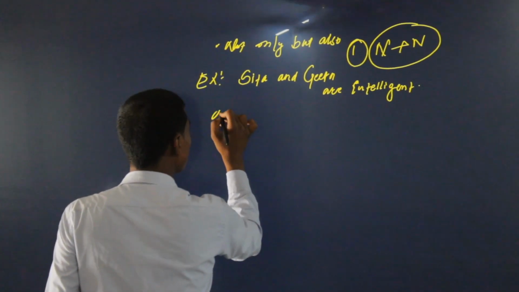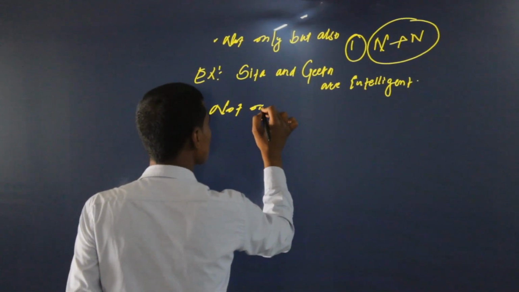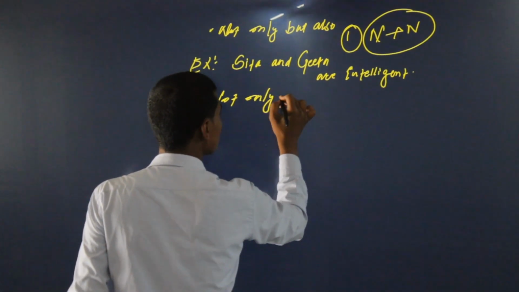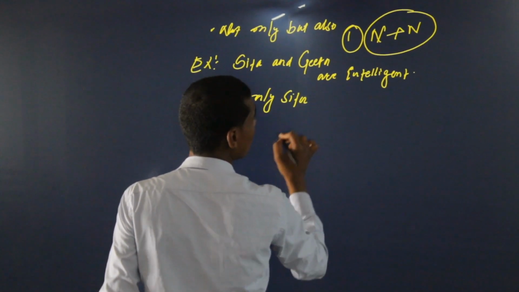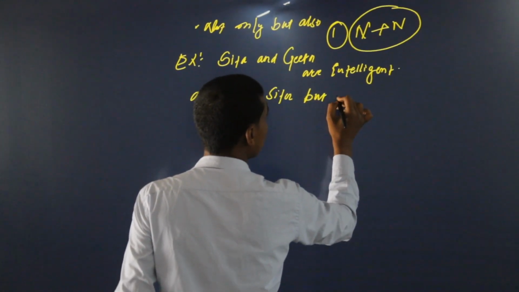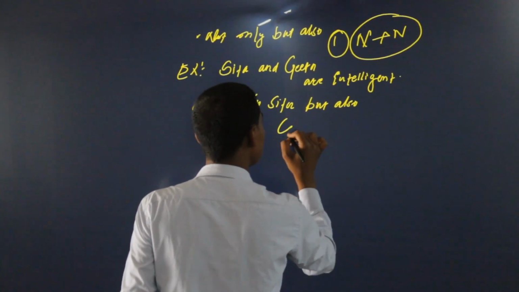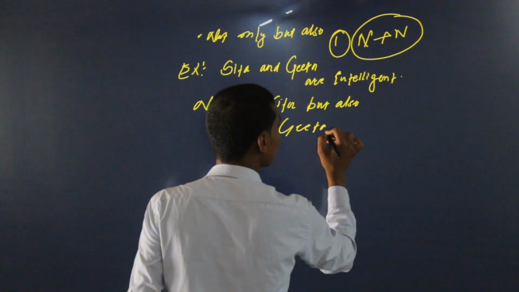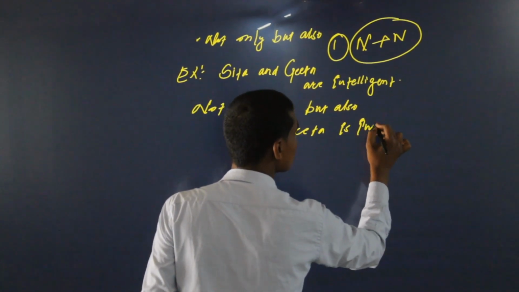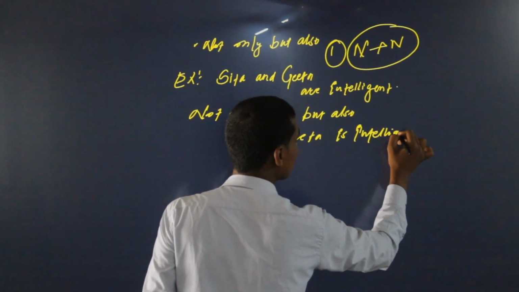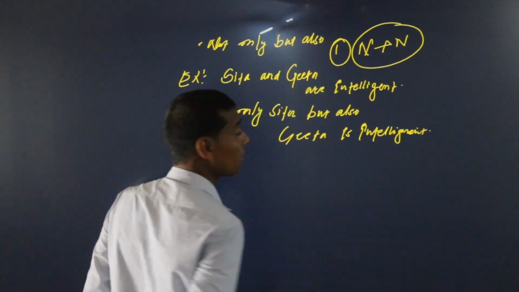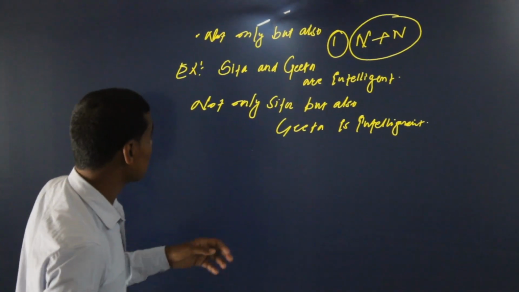First, we can write not only Sita, but also Gita is intelligent. Now, let's focus on the verb.